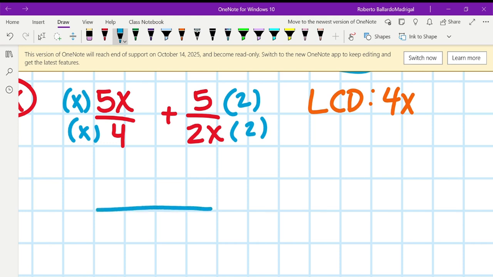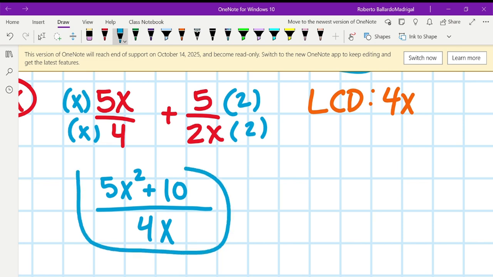Now we have a common denominator of 4x. 5x times x, what is that going to give me? 5x squared. And then 5 times 2 is 10, so I have 5x squared plus 10 over 4x, and that is it.